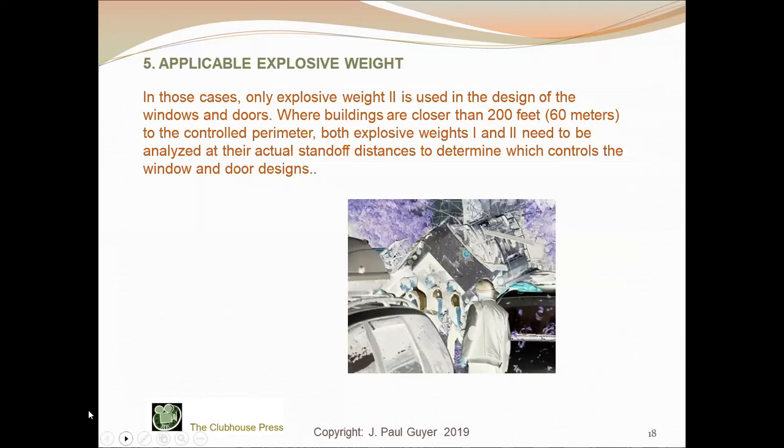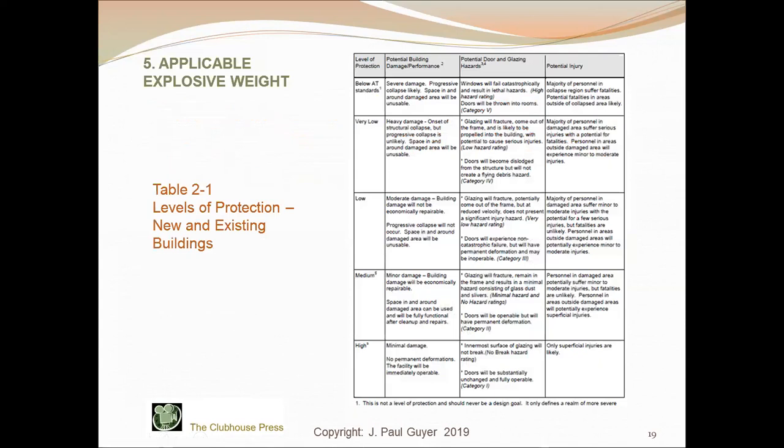Now, here is Table 2.1, levels of protection for new and existing buildings. This slide is marginally readable in a presentation like this, but if you get a copy of these PowerPoints from PDH source, this table is quite readable.